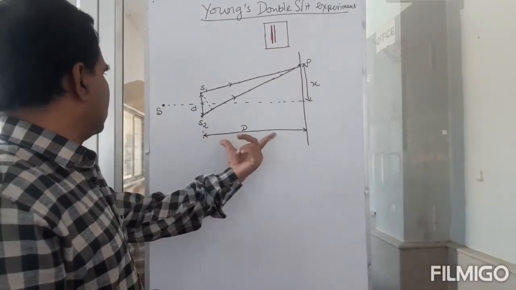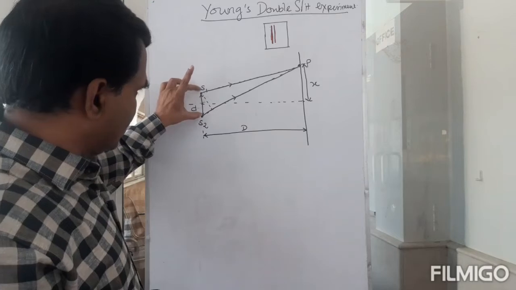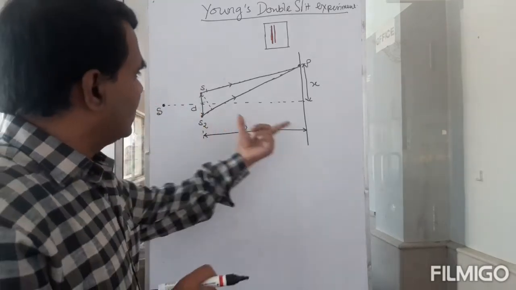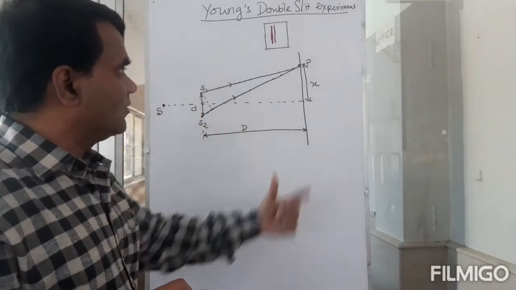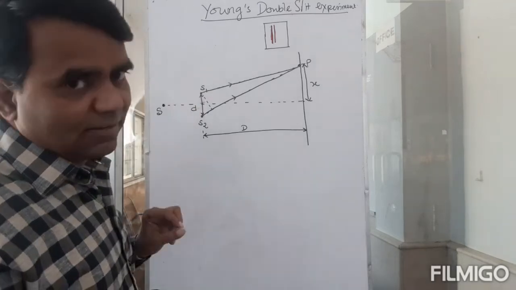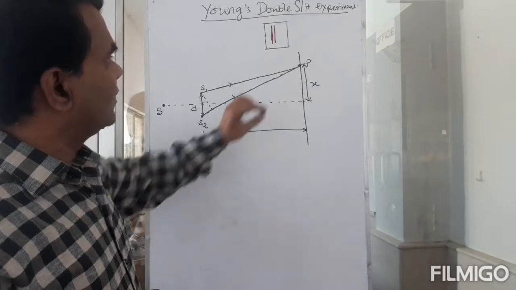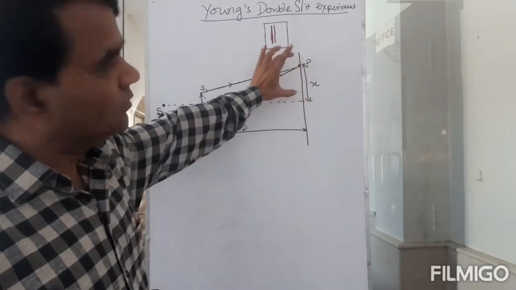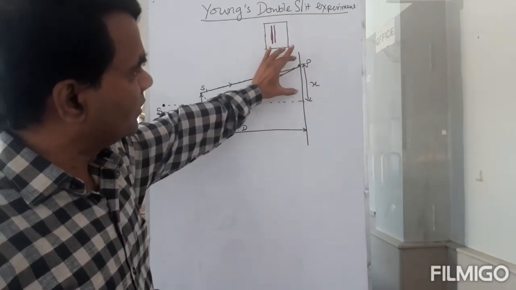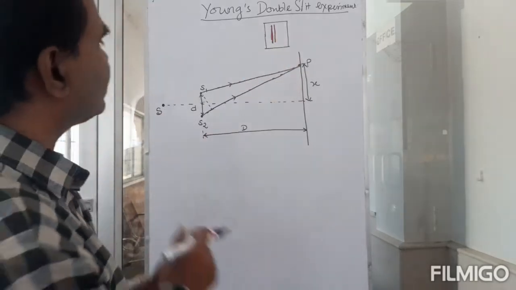So I've got capital D as the distance between the two coherent sources, the two slits, and then the screen, and small d is the spacing between the slits, and x is the distance between the center and the point of interest.